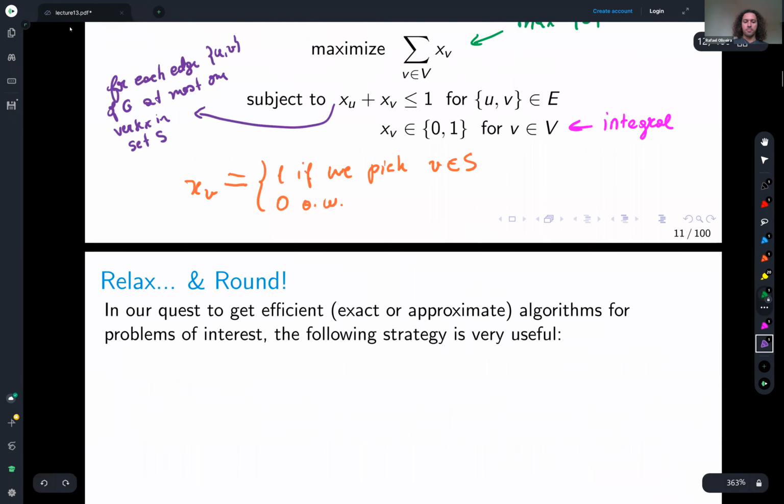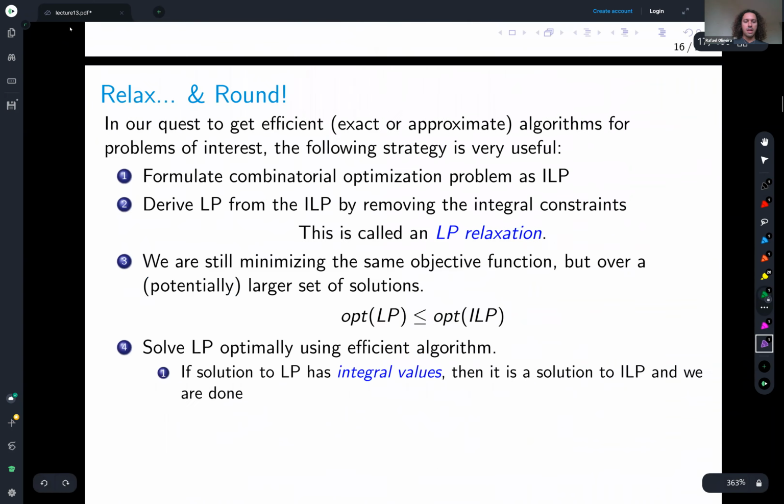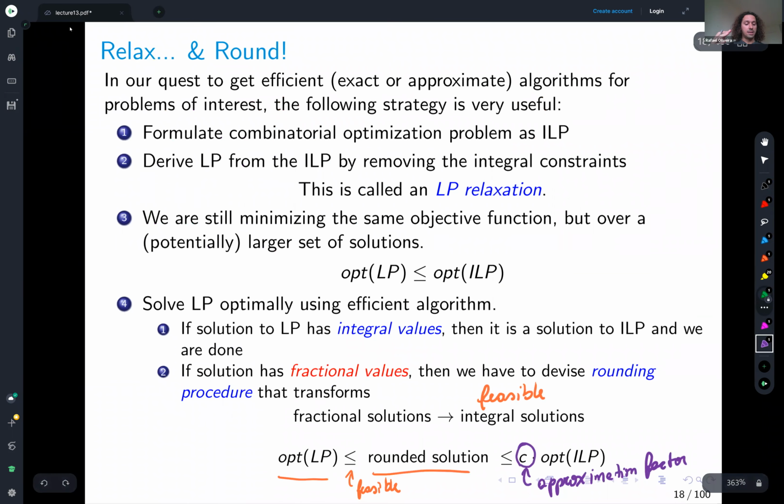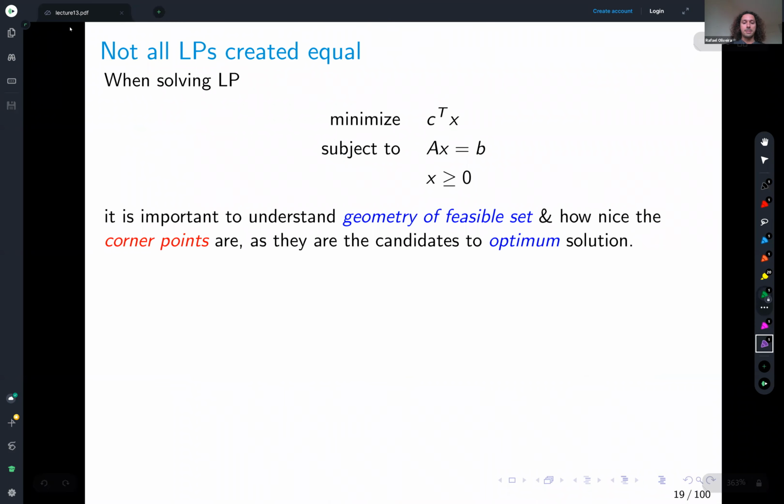Now that we talked a lot about the high level strategy, let's see how to execute this strategy, which we're going to do in the next section. But before we do that, I just need to tell you a little bit more about the LPs, because not all LPs are created equal.